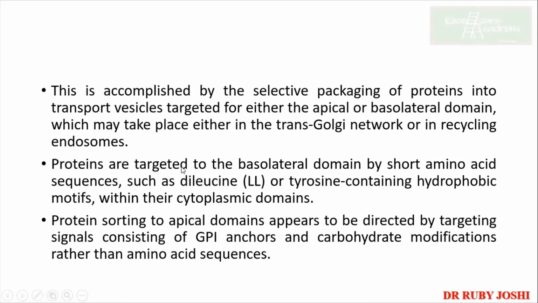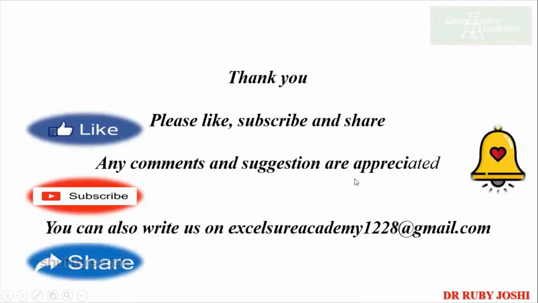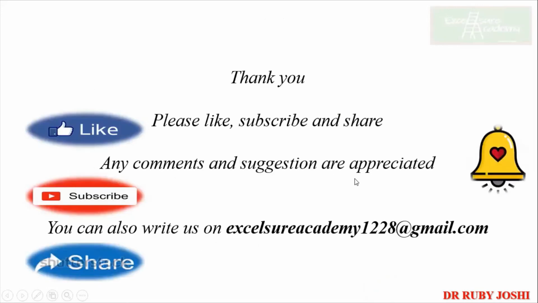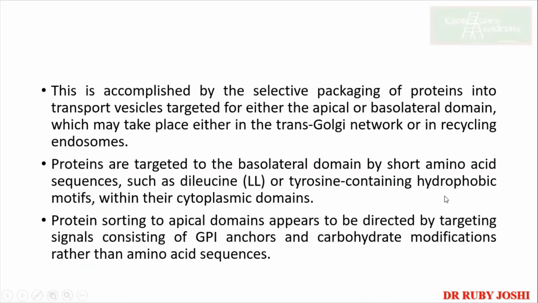For example, the proteins which are targeted to the basolateral domain, they have short amino acid sequences such as dileucine or tyrosine containing hydrophobic motifs. Okay. Did you get it? For basolateral, you have got either double leucine or tyrosine containing hydrophobic motifs.